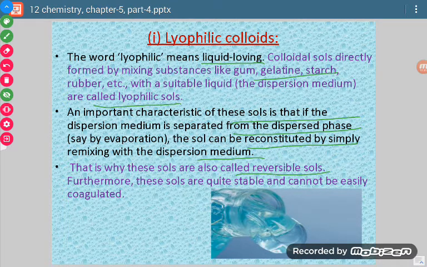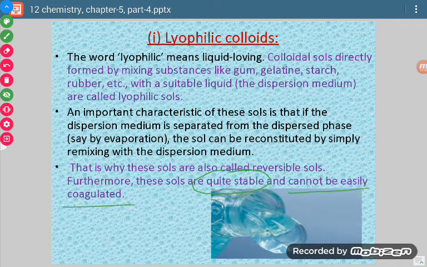Now see here, you can see this is a gel sort of thing coming out. It is just like a gum tube. You use gum for sticking photographs and all. So that gum is an example of a lyophilic colloid. A few more properties of lyophilic colloids are that they are quite stable and they cannot be easily coagulated.